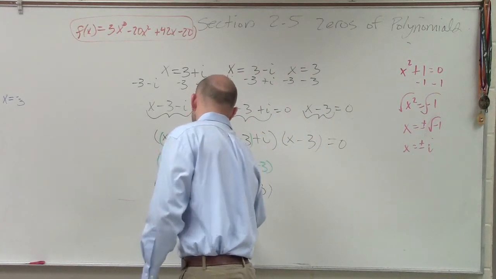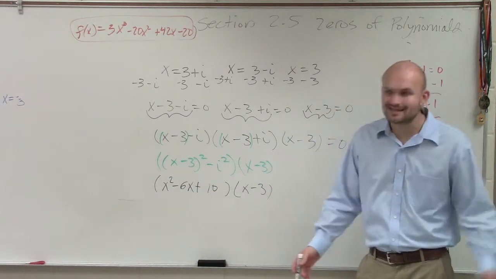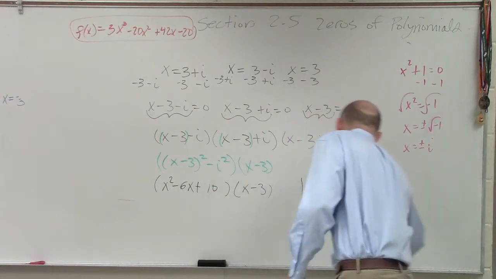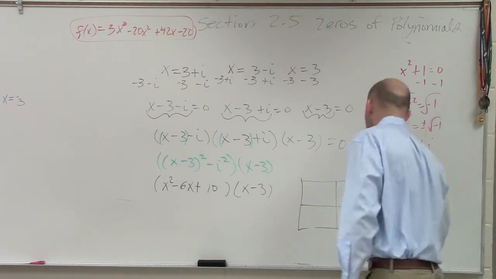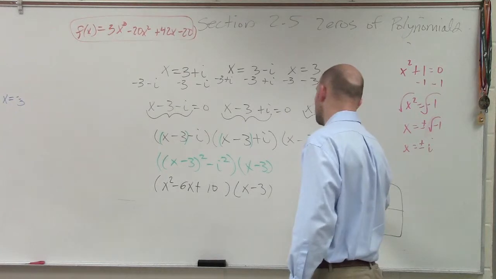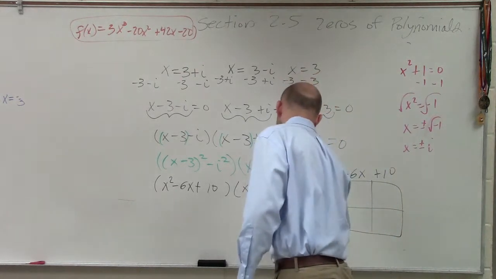Okay, now you just have a binomial times a trinomial. That's not as bad. When doing a problem like that, I create the box. I do 2 rows, 3 columns. I put the trinomial on the top, and then I do x minus 3.